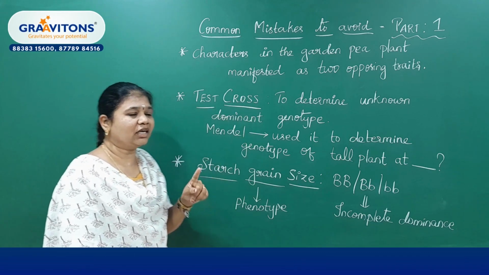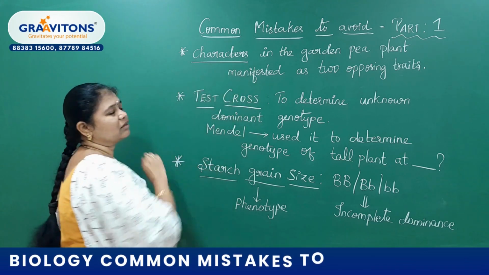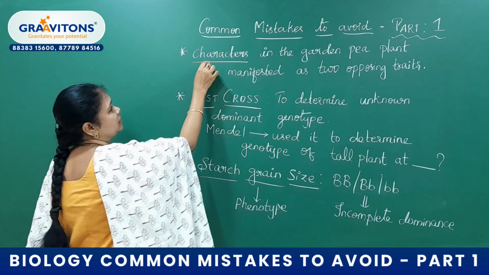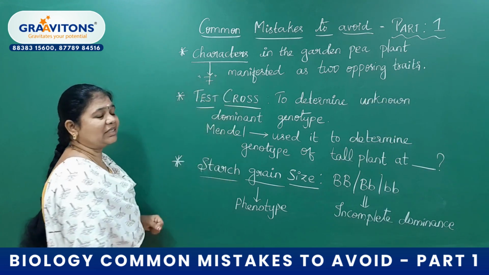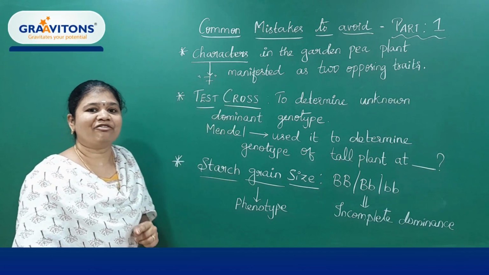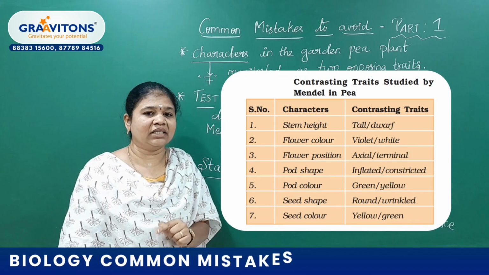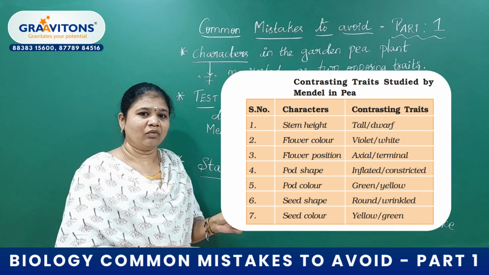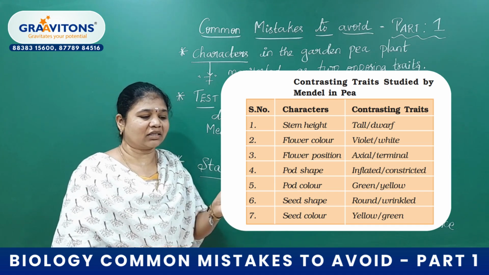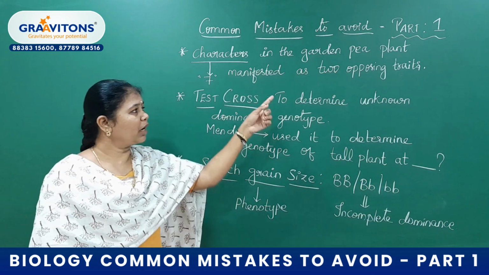When they ask how many characters Mendel studied, we have to say it is 7. He studied 7 characters. If you refer to Table 4.1 in our NCERT textbook, one column is completely characters, and the other column has the heading opposing traits.